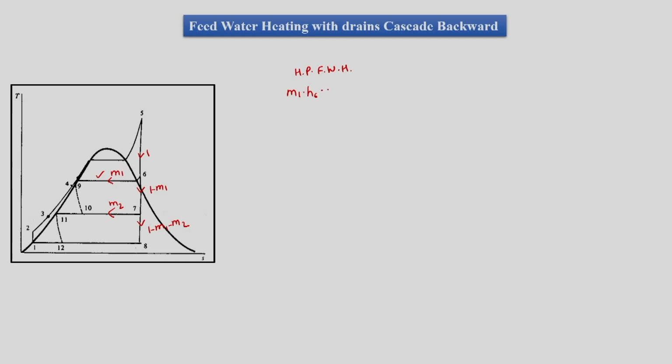M1 mass is losing enthalpy from H6 to H9, but this is getting helped to raise the enthalpy from H3 to H4. So, this is for 1 unit of mass. So, by this formula we can find out m1. Then we can find out m2.